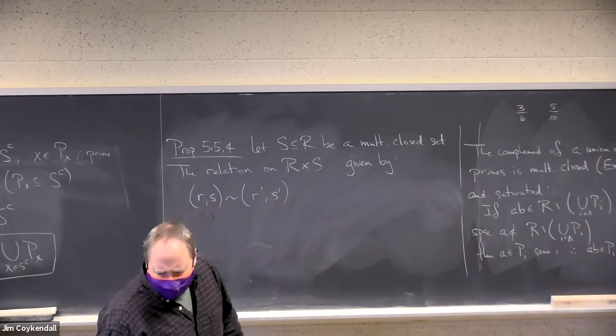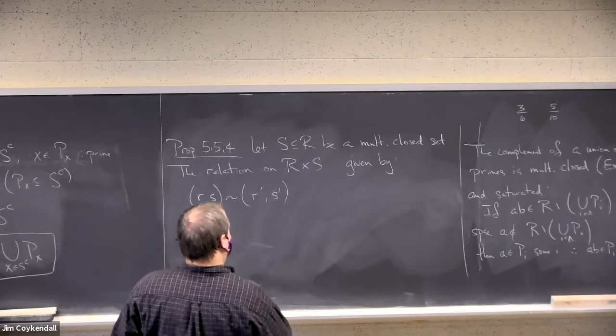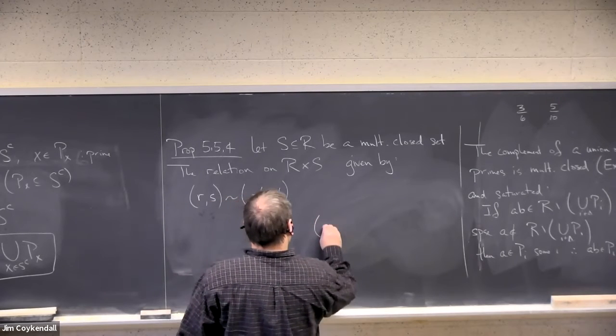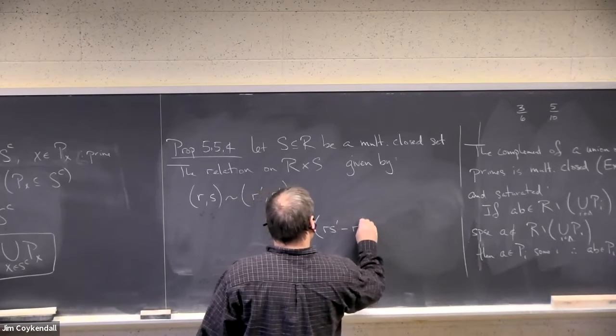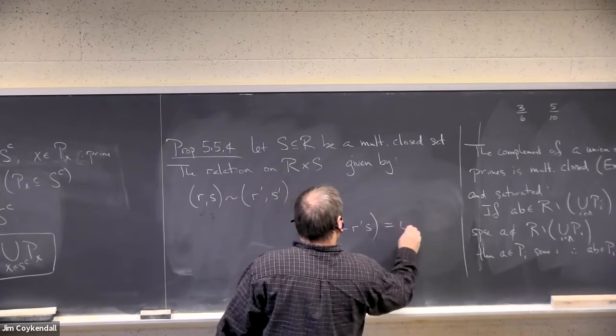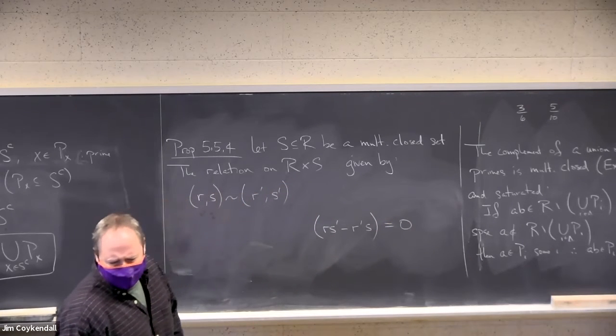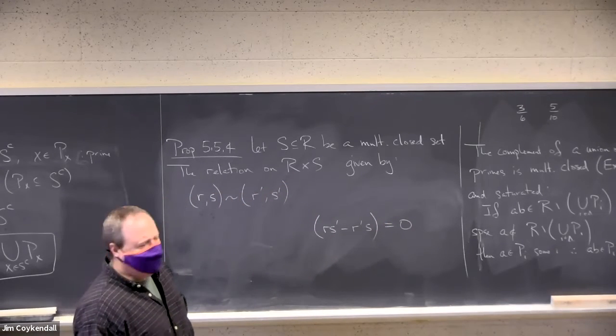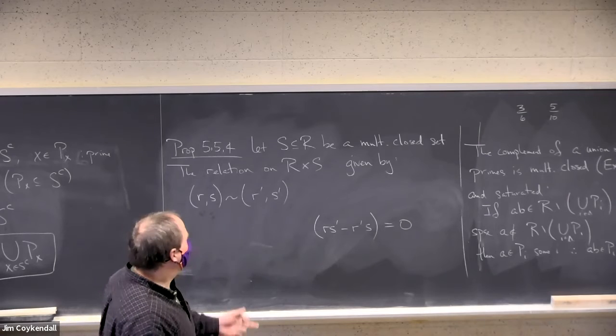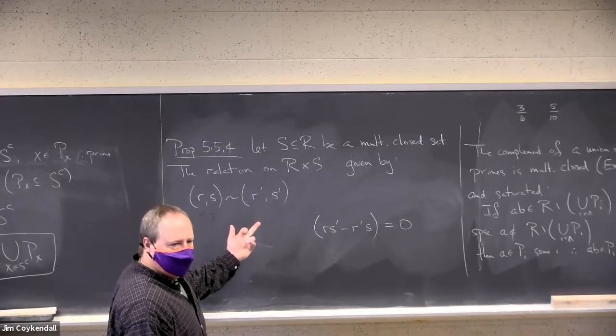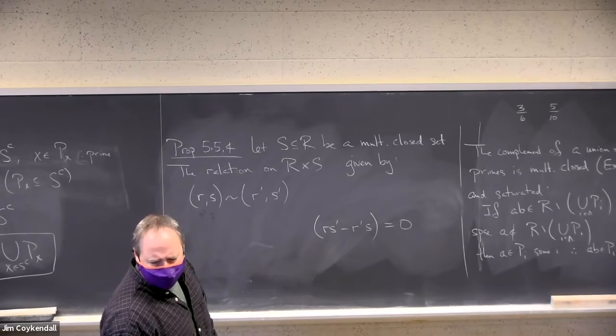That's what I've got going on here, sort of. I want rs' minus r's to be 0. That's sort of cross multiples, but actually that's not really quite good enough in our situation. We've got to generalize a little bit because of the possibility of zero divisors.